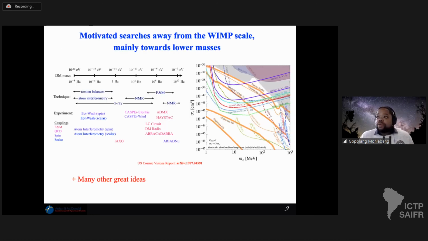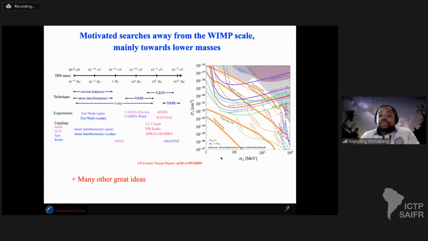low masses, where we have a large range of exciting new experimental ideas to search for both particle and wave-like dark matter. For the direct detection case, we have new materials that can search for low mass dark matter in the form of phonons and magnons, and we heard about some of them yesterday from Tim.